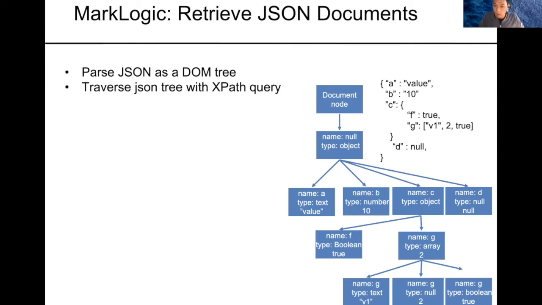Node C has 2 records, F and G. F is a Boolean node, and G is an array node.